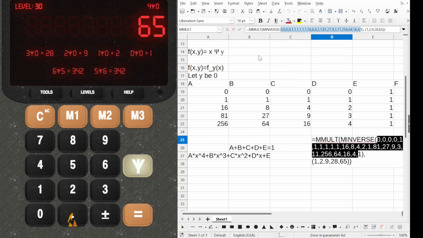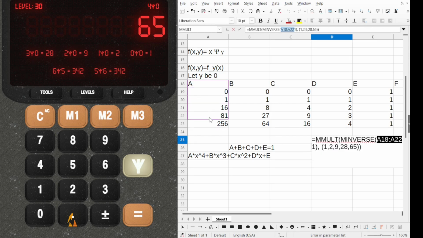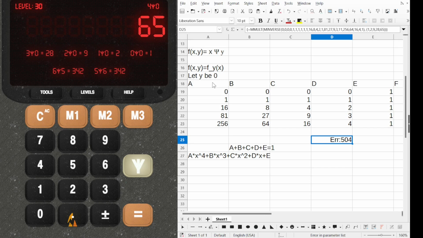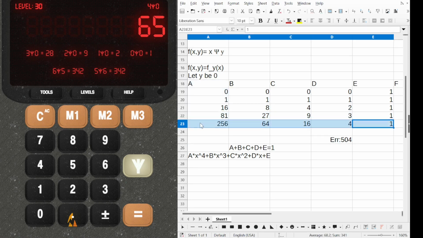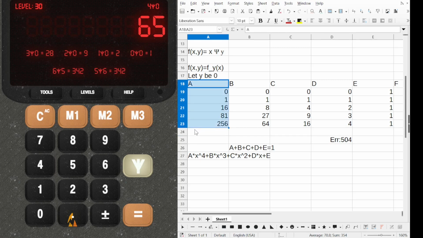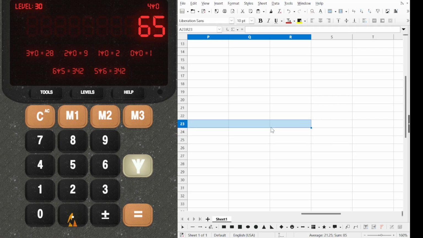If this is not a fourth order polynomial, I would need to get rid of this and this. Maybe it's just a third order polynomial, so let's get rid of all of this.